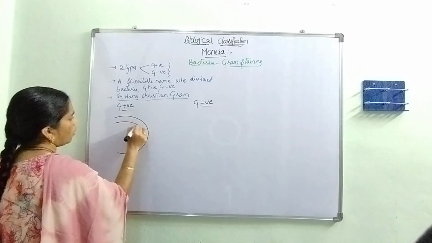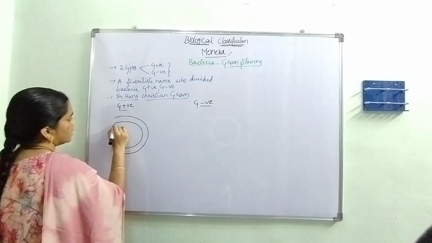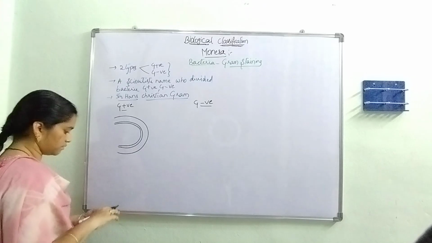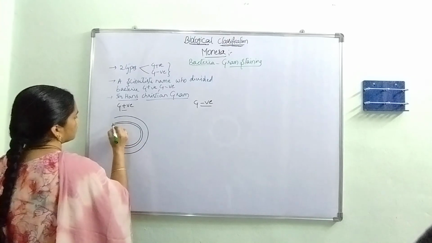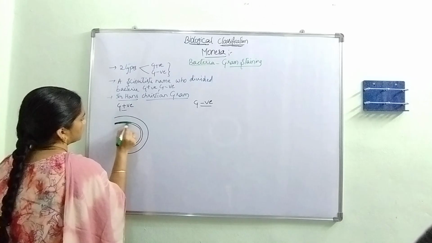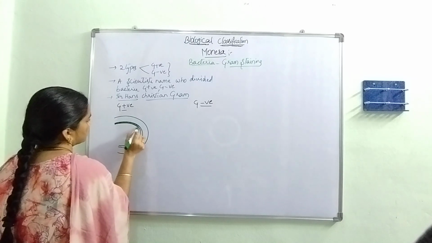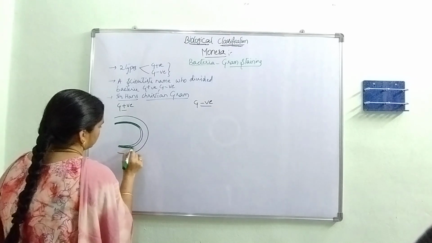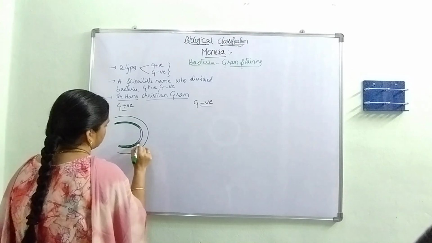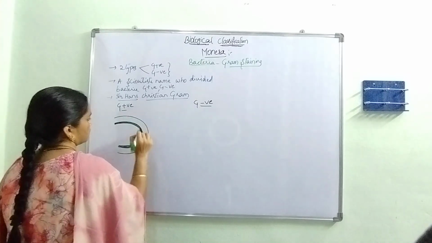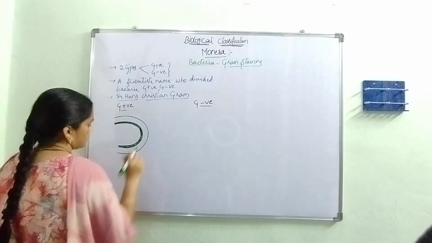This is the cell wall and this is the cell membrane, or plasma membrane.